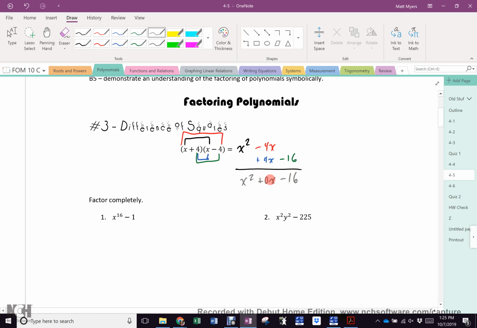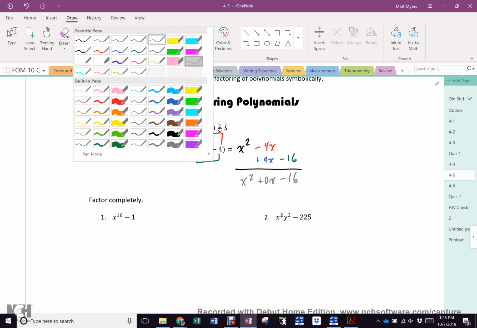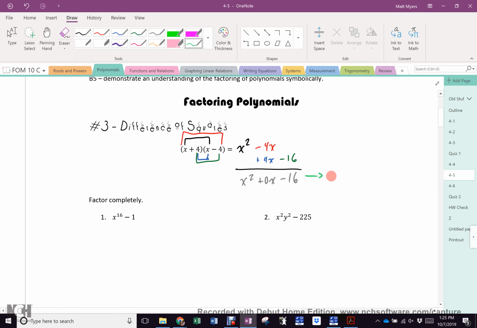In reality, we would never write this. But I've used this on previous pages to show you what I'm about to teach you now, okay? This answer, in reality, we would write it as what? X squared minus 16.